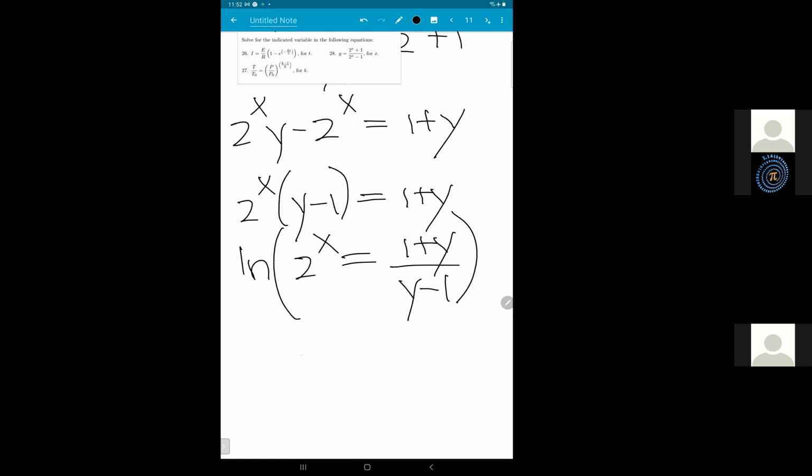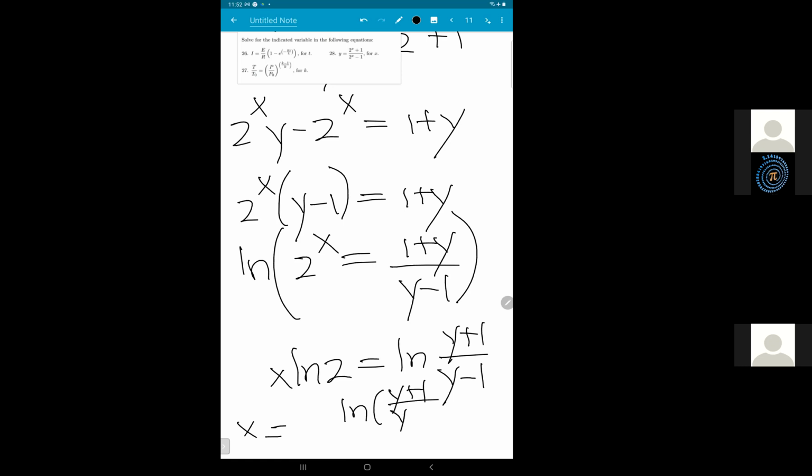So if you do that, the left-hand side becomes x ln 2. And then there. X equals there. Okay, that's one possible way of writing the answer in terms of the natural logarithm.